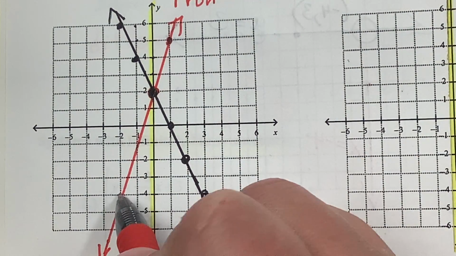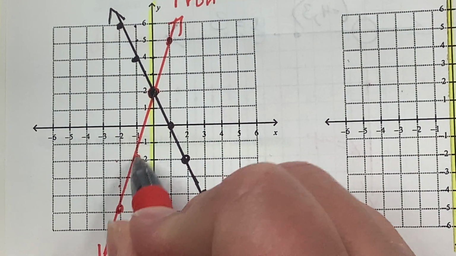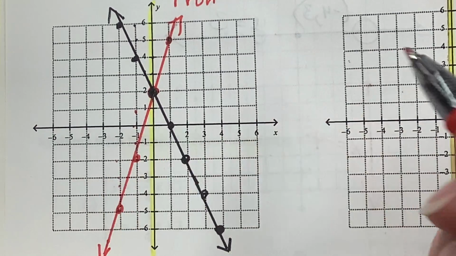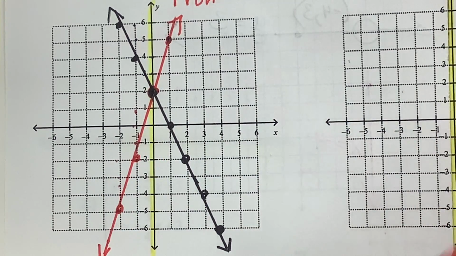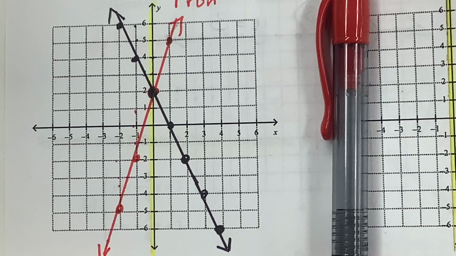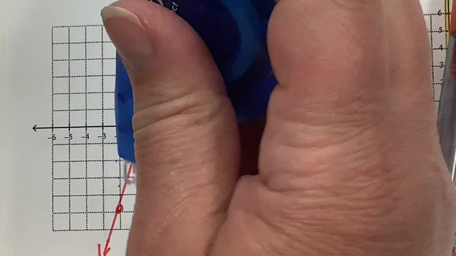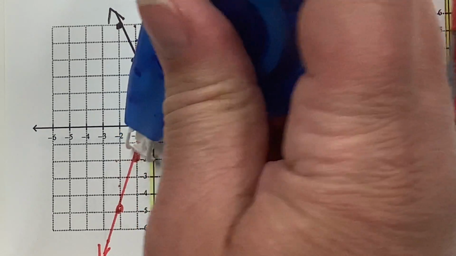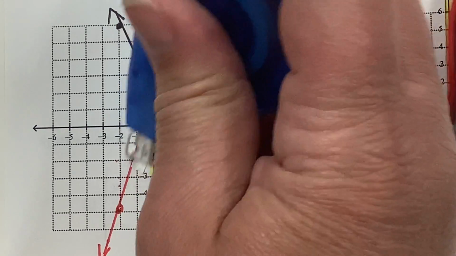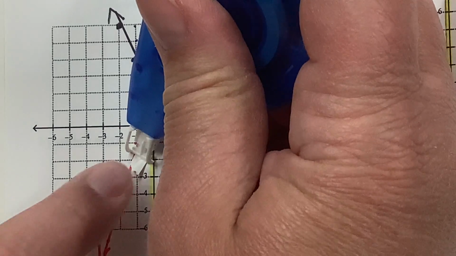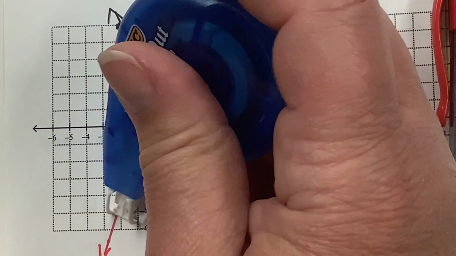Here's my point. Rise 3, run 1. Rise 3. Oh my, I'm off. I made the wrong points. Bad, Bono. I should have known that they would not have been that far off, right? Very, very bad. I'm just going to cover that up with a little whiteout, and no one will ever know.